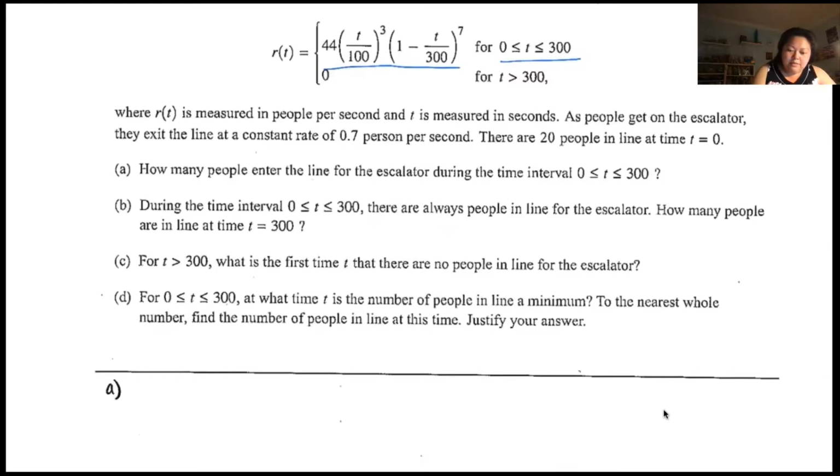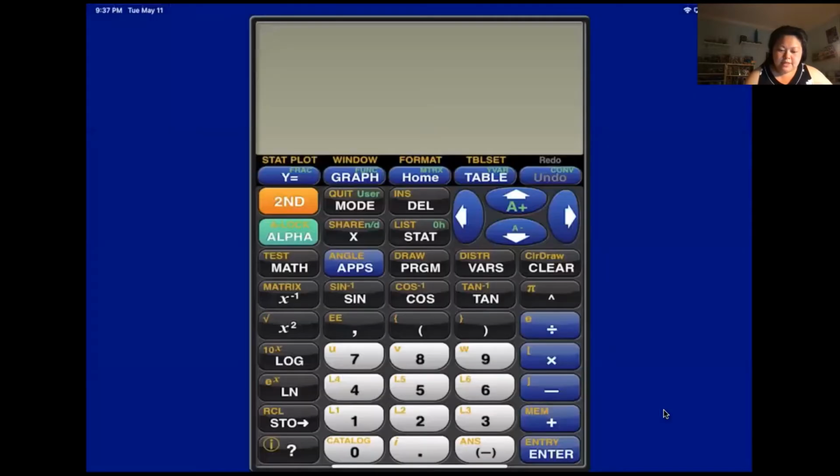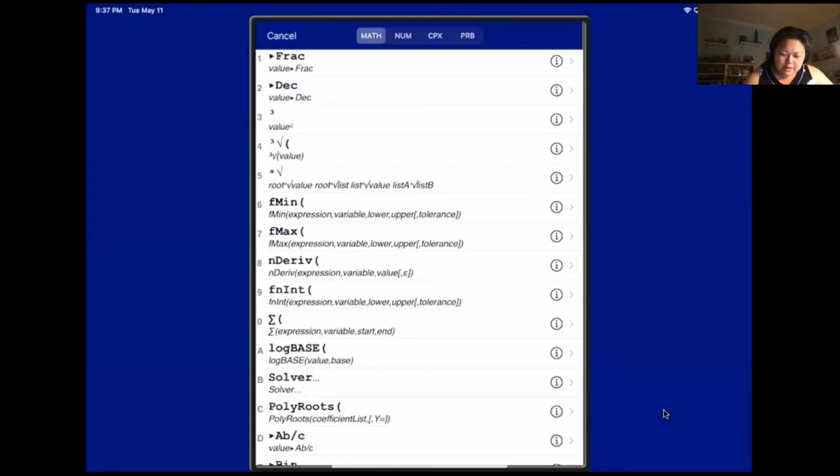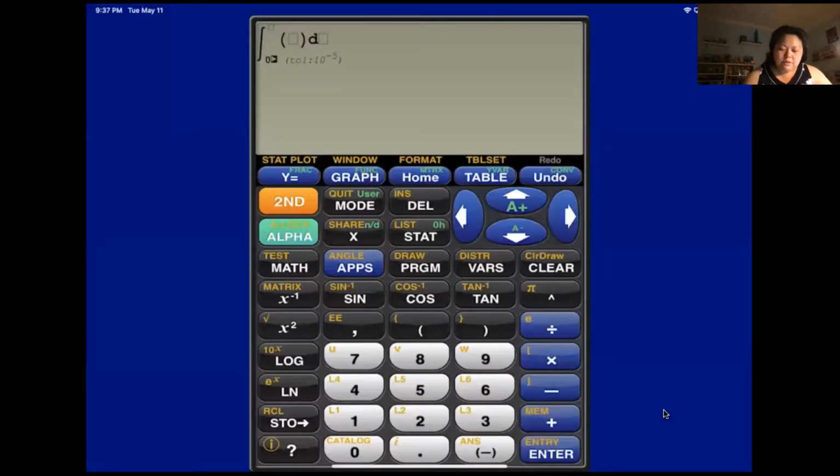Okay, how many people enter the line? So the number of people equals the integral from 0 to 300 of r of t dt. Again, we're going to use our calculator. So math 9, and it was 0 to 300.